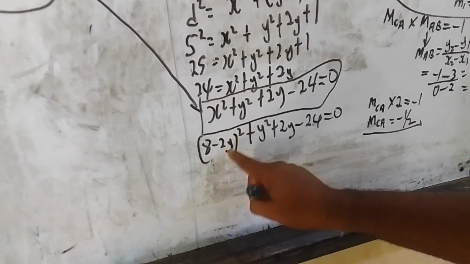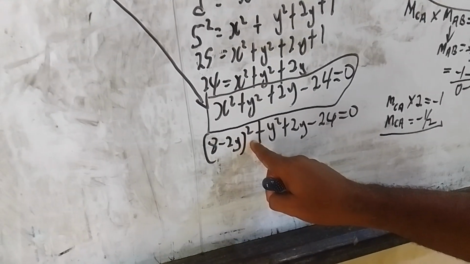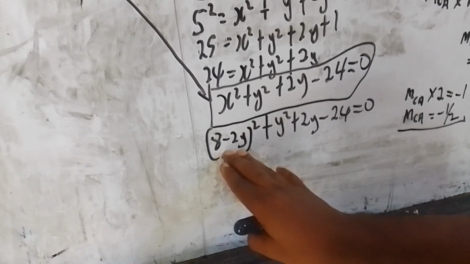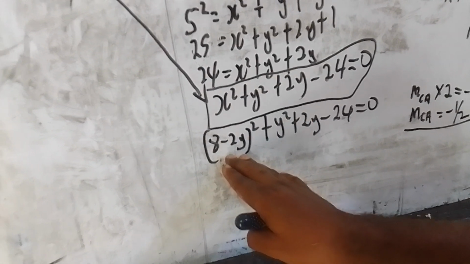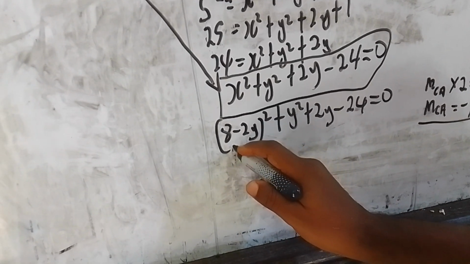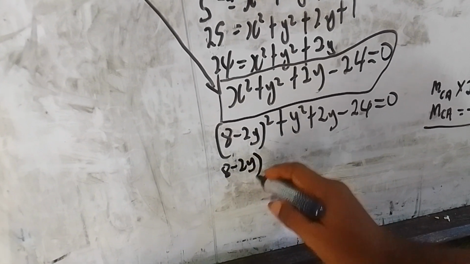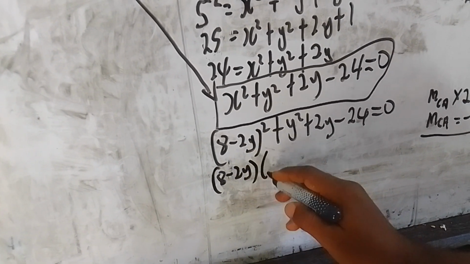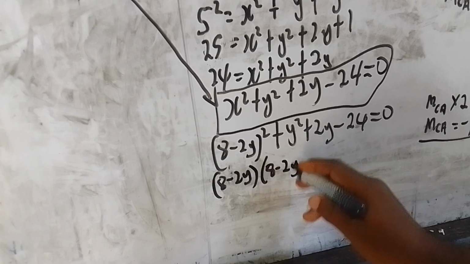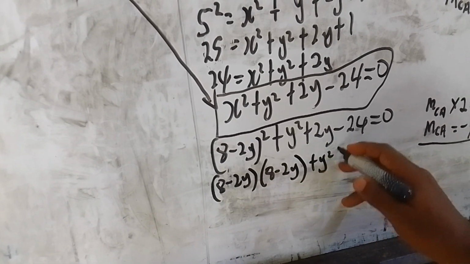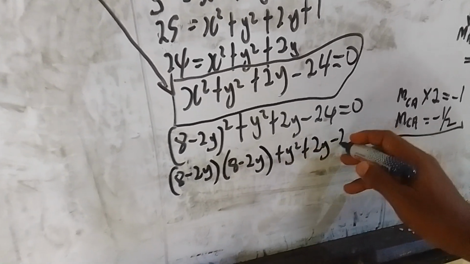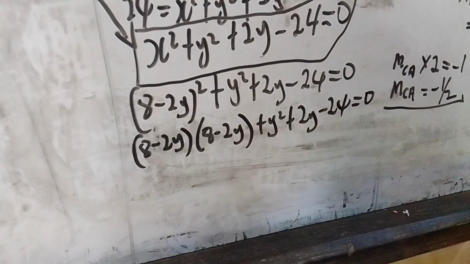If you look at this particular expansion, it means this one multiplied by itself. I would rather do it gradually so that I don't make mistakes. So for this 8 minus 2y, I'll write it as 8 minus 2y multiplied by itself because of this squared. I'll write it as 8 minus 2y again, then plus y squared plus 2y minus 24 is equal to 0.